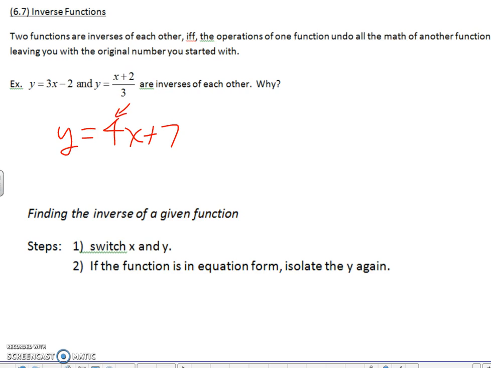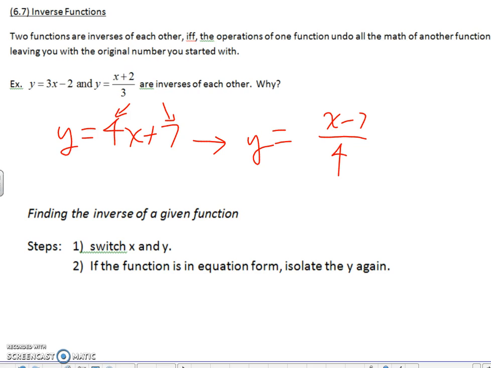I'm multiplying by 4 first, adding 7 second. So to find the inverse of that, I would have to subtract 7 and divide by 4, because aren't those the opposite of multiplying and adding? But shouldn't I do it in the opposite order? So shouldn't I go (x minus 7) all over 4? Right? And I've just found the inverse.